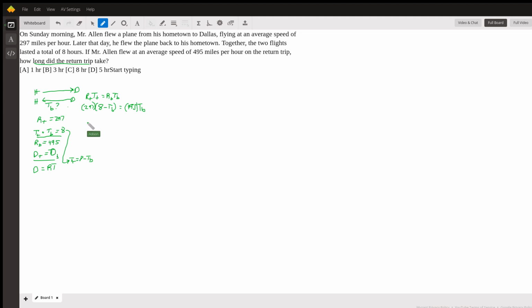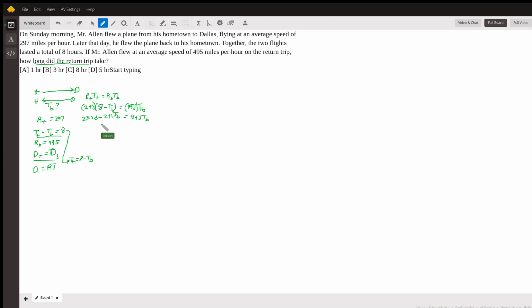So now that we have only time back, then we can do 297 times 8, which is 2,376, minus 297 TB, which equals 495 TB.